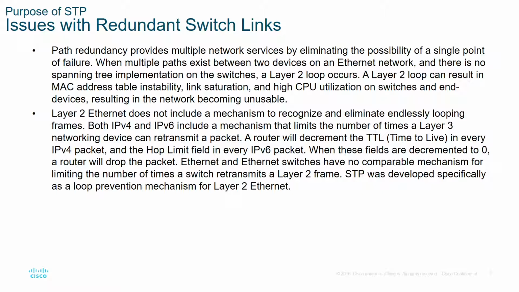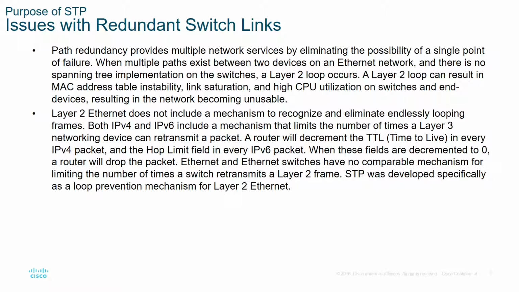So if you don't have spanning tree running on a layer 2 switch, then you're going to get a loop essentially if you've got multiple pathways. A layer 2 loop can result in MAC address table instability, link saturation, and high CPU utilization on switches and end devices, resulting in the network becoming unusable.